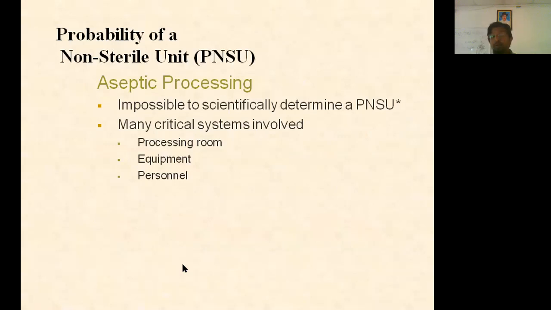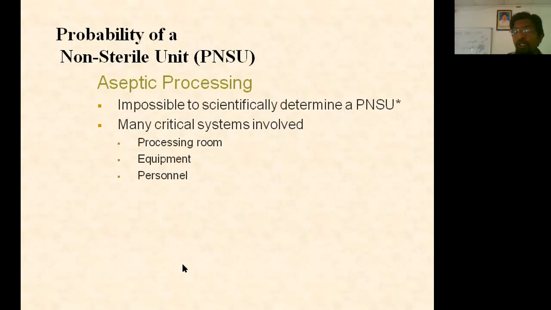See, this is the difference between terminal sterilization and aseptic processing. In terminal sterilization, there is a probability of 1 in 1 million of PNSU, the existence of a non-sterile unit, maybe one bacterial strain, one fungal strain, maybe in a million units. So among a million containers, in one container there can be a non-sterile unit present.